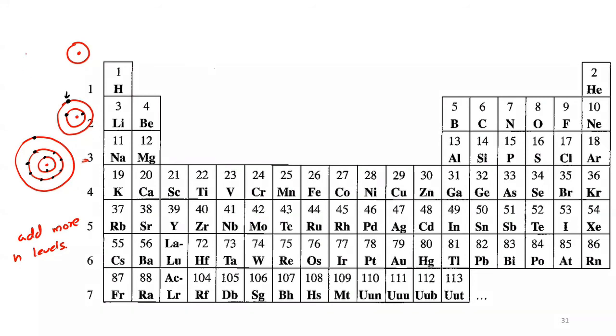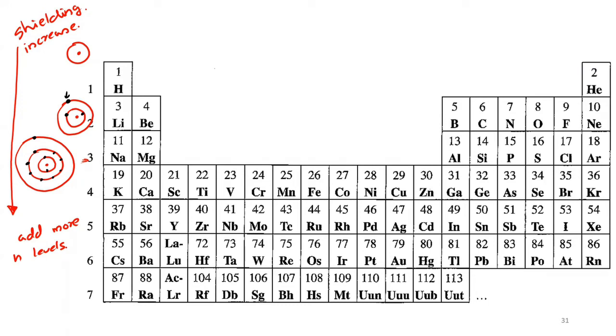So the more inner electrons you have as you go down from top to bottom, what do you think is happening to the shielding? The shielding as you go from top to bottom should increase, because you keep on adding more core electrons.